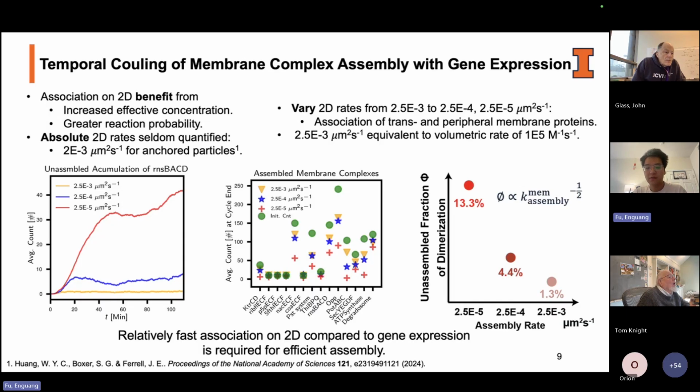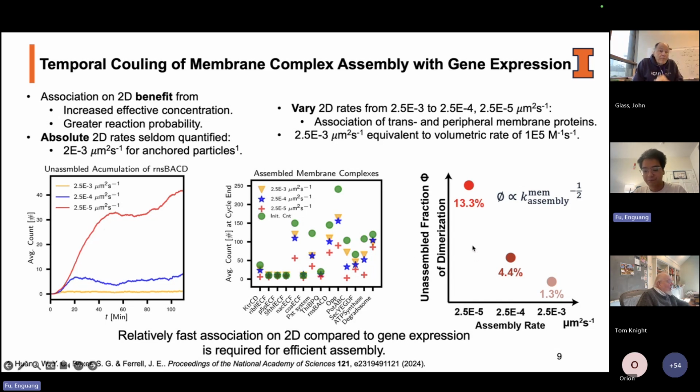Here we decided to vary these 2D association rates of transmembrane proteins and also peripheral membrane proteins, spanning three orders of magnitude. And from our simulation, you can clearly see that the unassembled accumulation of intermediates will increase dramatically, resulting in a decrease in the assembled membrane complexes at the end of the cell cycle.